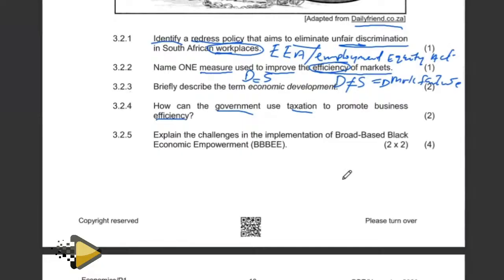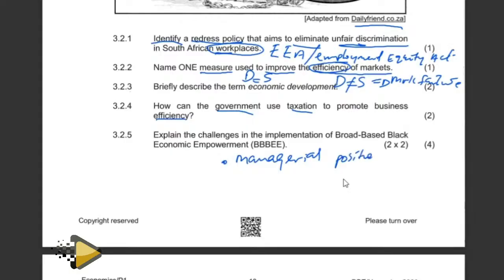So the moment the ANC came into power, it made sure that it revised those legislations, like the broad-based Black economic empowerment, which has pillars. It says that Black people should have managerial positions.